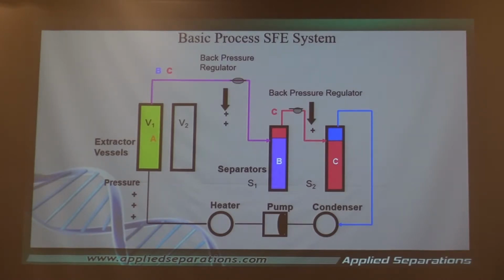Or, if we have one separator, we can change the conditions as the extraction goes forward. Lots of variability. And then ultimately, we reach the last point where we have a gas, and then everything will fall out, and then we go back and recycle the CO2, and the process starts over.